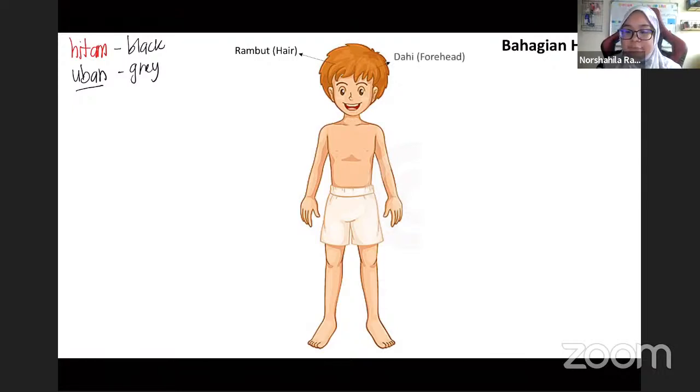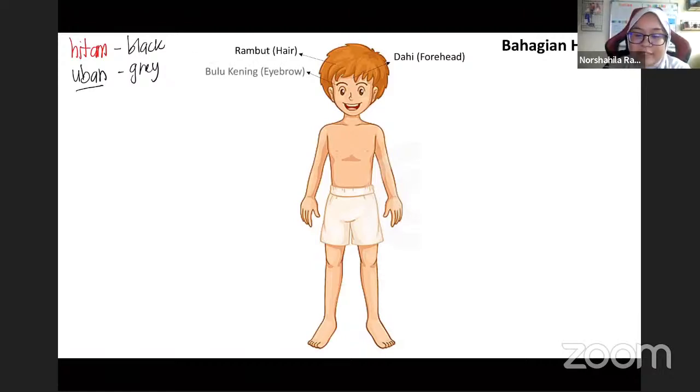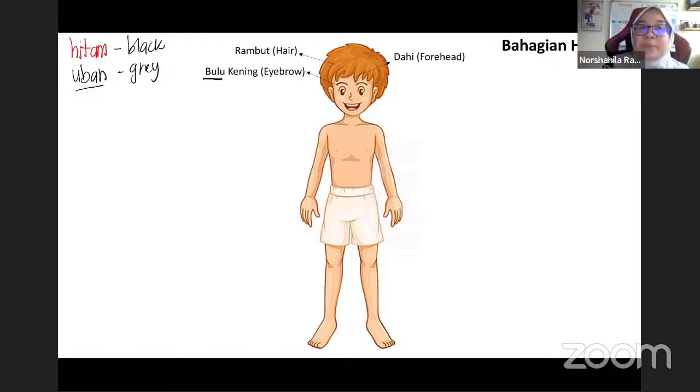Next, we have this one, which we call the forehead. Then we have this part. Eyebrow, yes. In Bahasa Melayu, we call it bulu kening. The word bulu is actually used for everything that we have in small hair, in smooth hair.